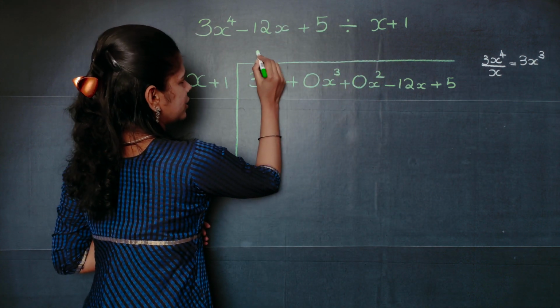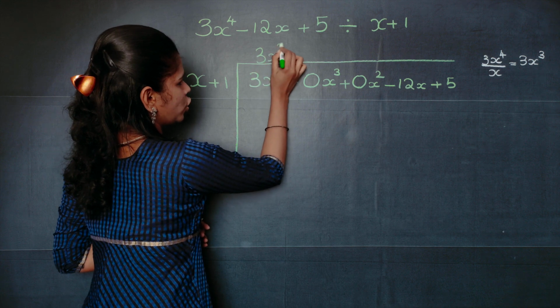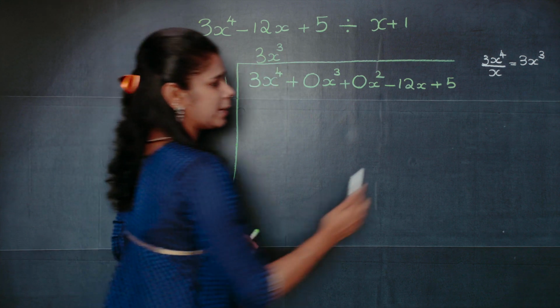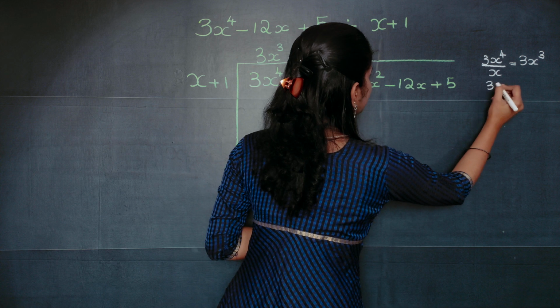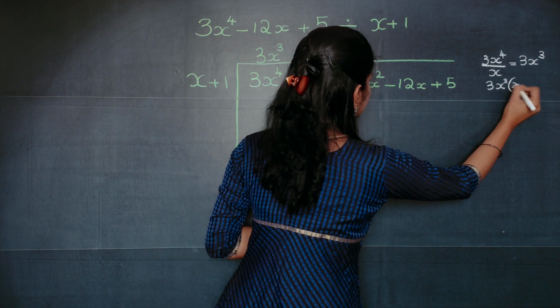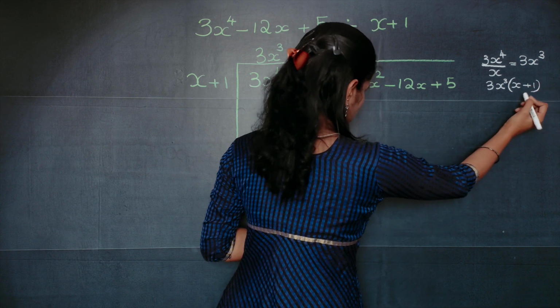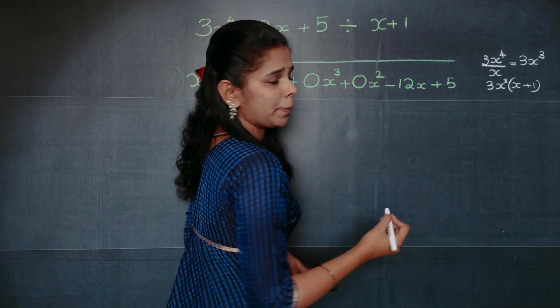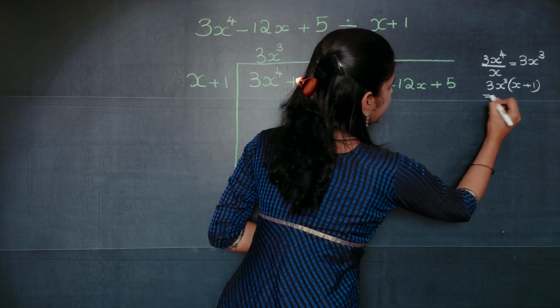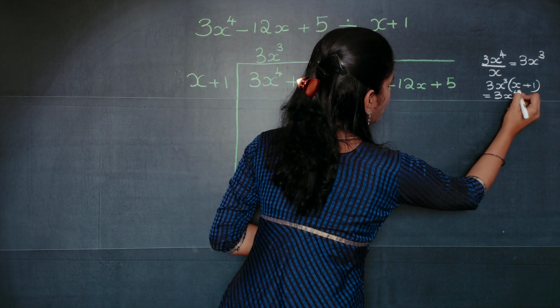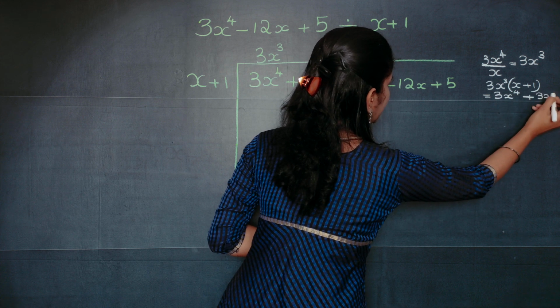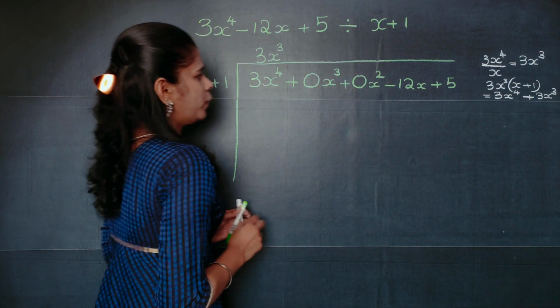You will write here 3x cube. Now the next step is that you will multiply 3x cube and the divisor, that is x plus 1. So now you will open the bracket. So it becomes 3x raised to 4 plus 3x cube. That you will write here.